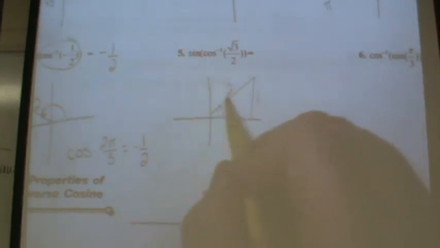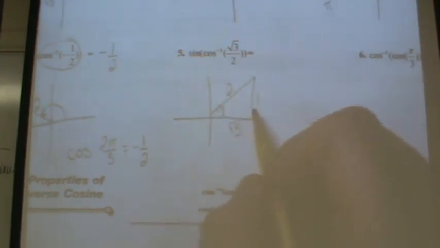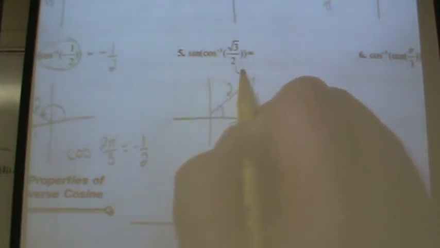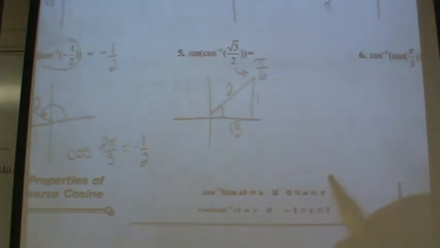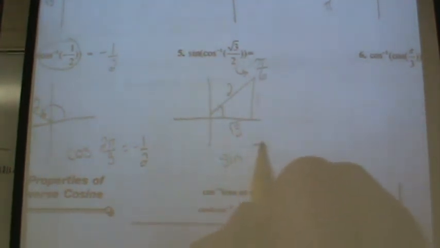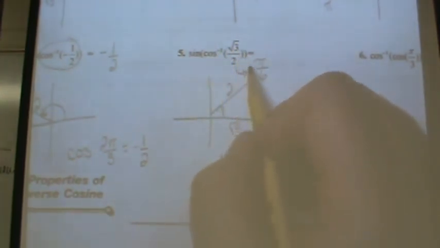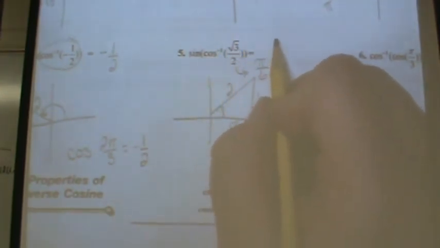That tells us that this is a what kind of angle? It's a pi over 6 angle, or a 30-degree angle. So we're going to put sine, and we're going to take pi over 6. So sine of a pi over 6 angle. So remember, that's opposite over hypotenuse, which gives us 1/2. So the sine of the inverse cosine of root 3 over 2 is 1/2.